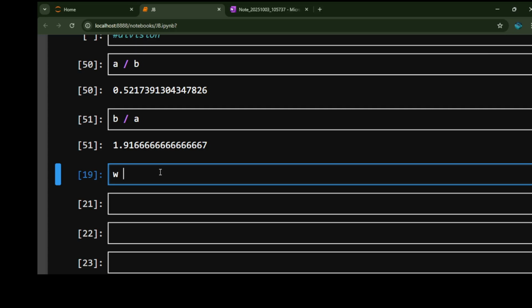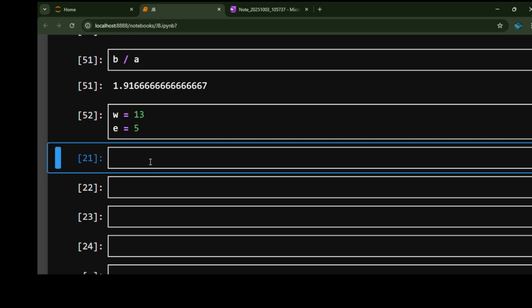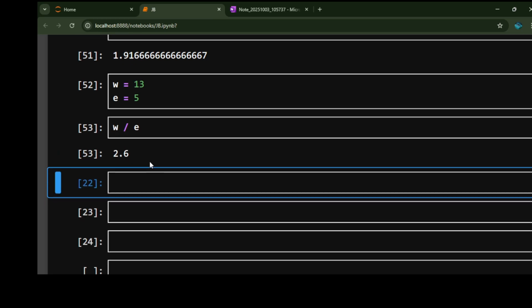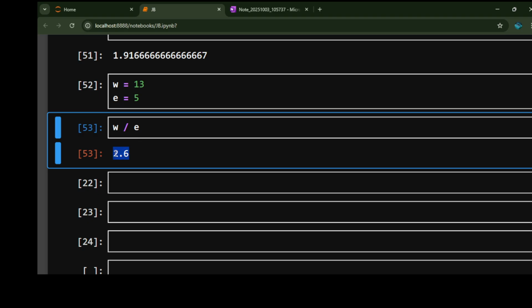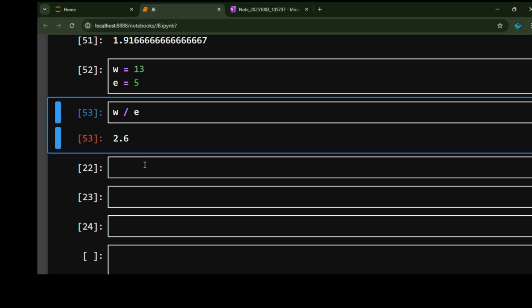Suppose we take w as 13 and we take e as 5. Now we will try to divide w by e. This will give us 2.6. Value is decimal value having some fractional part. This is not a whole number. This is a fractional part, because 13 is not fully divided by 5.